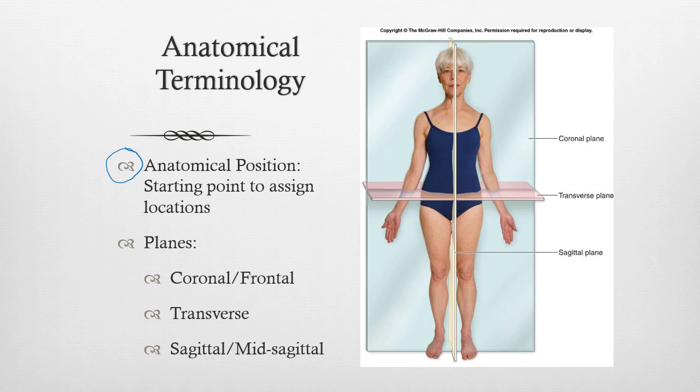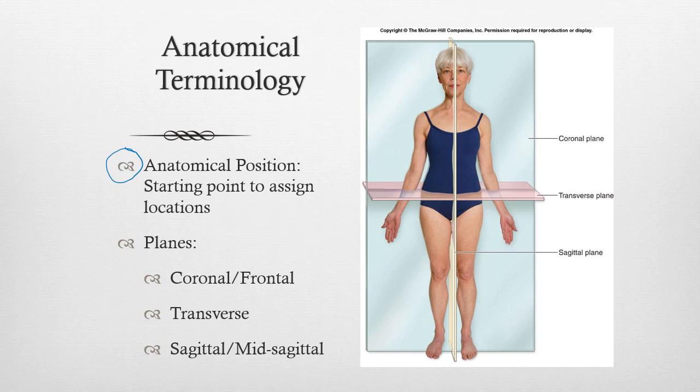This is everything that is the front side of the body. This is our anterior side. That's why when you think of the back of your hand, it's the opposite side of the palm. That's always the back of the hand. And that's essentially anatomical position when we think about it that way as well.